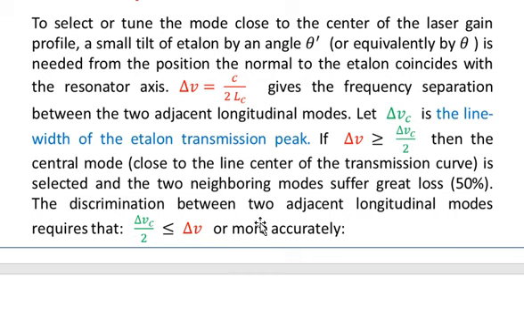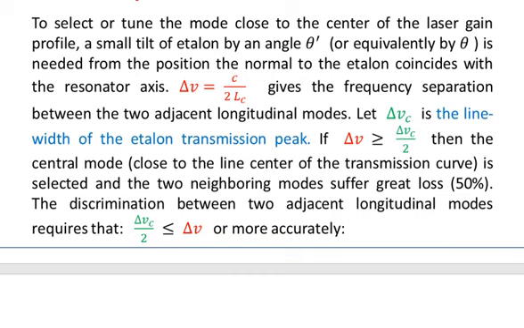The discrimination between two adjacent longitudinal modes requires that delta nu should be at least greater than or equal to delta nu c by 2. So this is how you can discriminate between the two modes.